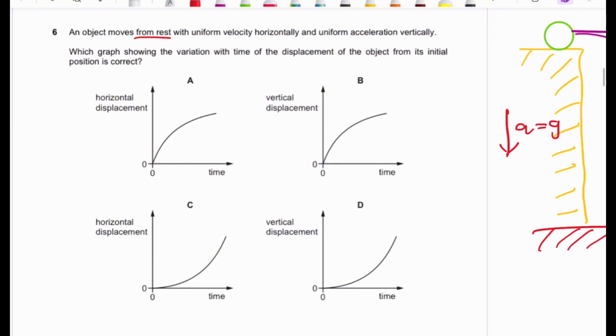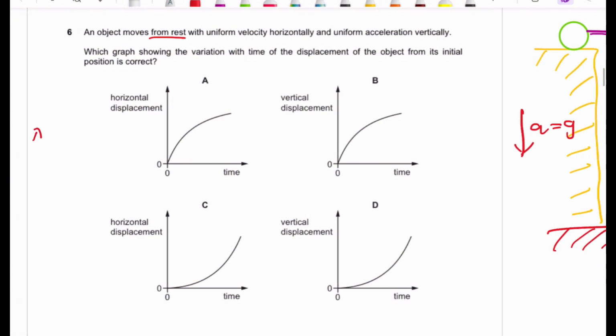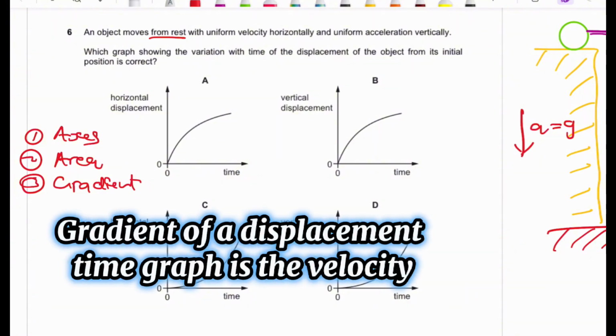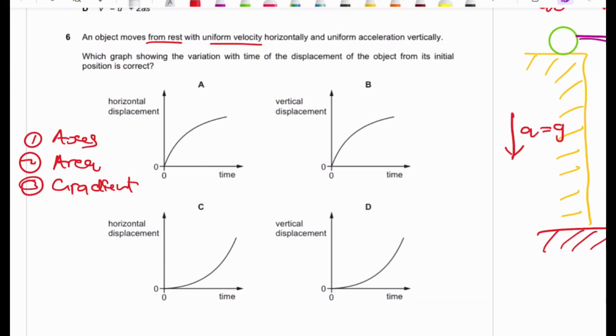Remember guys, whenever you see graphs, you need to think of three things. I always say this. Number one, think of your axes. Number two, think of the area under the graph. And number three, think of the gradient of your graph. So get this. The gradient of a displacement-time graph represents velocity. But if velocity is uniform in the horizontal direction, then I should expect to see a uniform gradient.